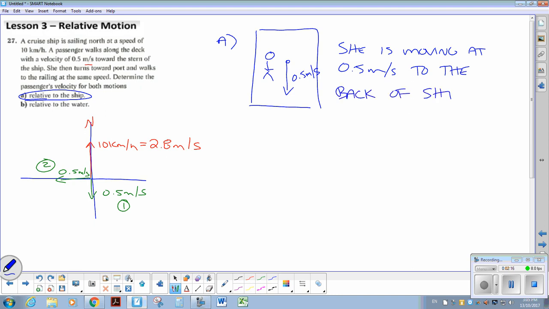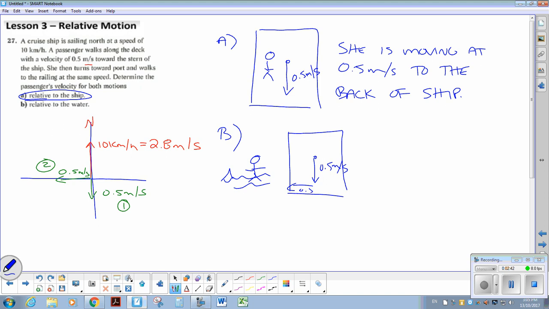All right. B part. Relative to the water. Here's the boat. Here's me in the water. I hope there's no sharks. And she is moving for both motions. Oh, yeah. 0.5 meters per second and 0.5 meters per second.